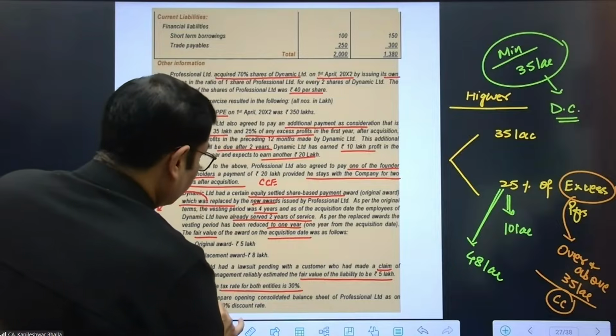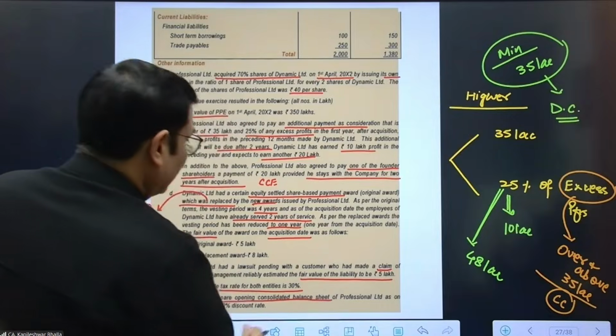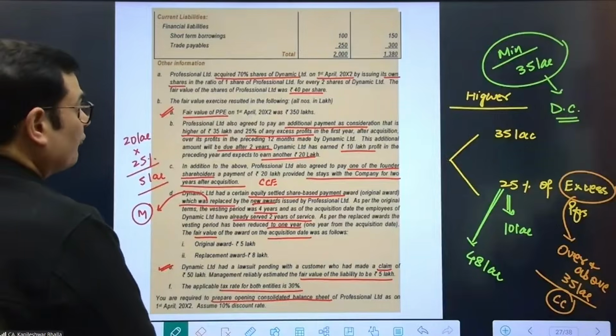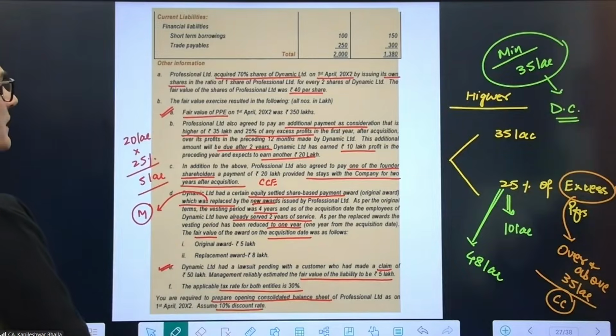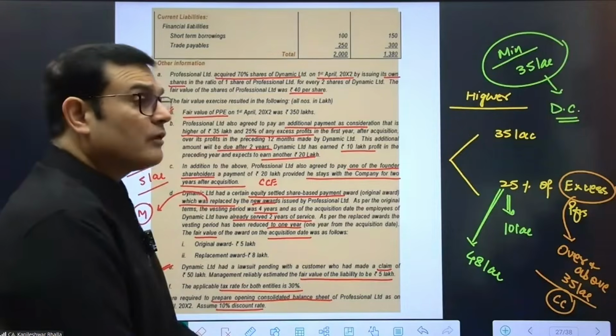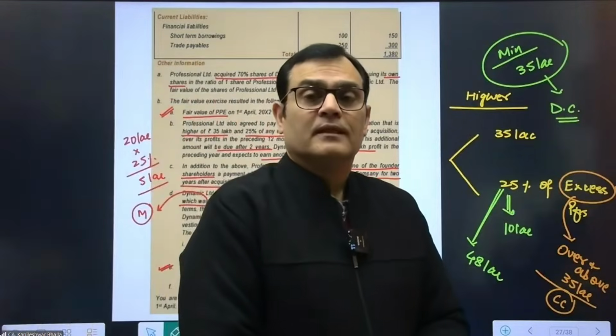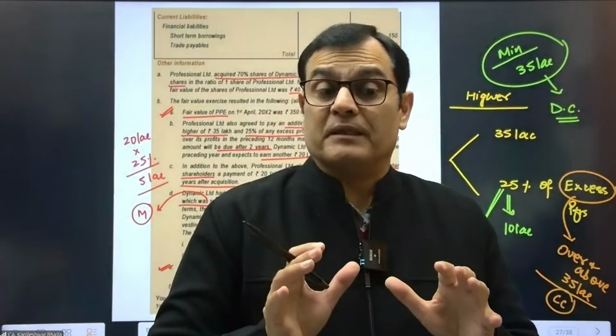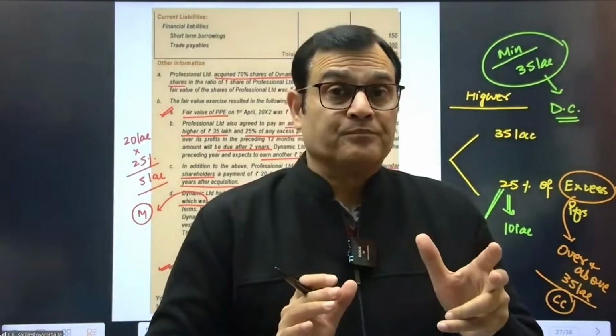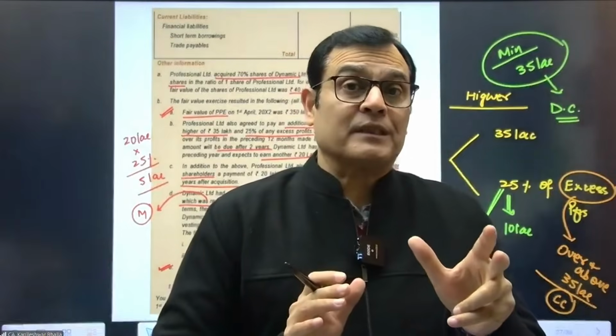Now you're required to prepare an opening consolidated balance sheet of professional on 1st April X2 and assume that there is a 10% discounting rate, which I need for DCF. A lot of information is given. But I think the only thing you need to do is go on a step-by-step basis, and concentrate on what are the crucial inputs under each step.